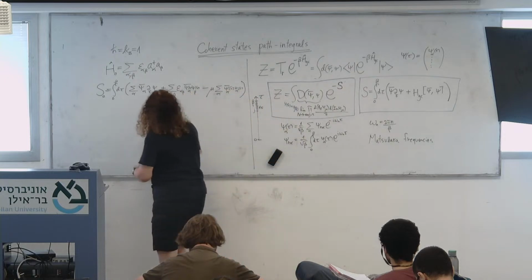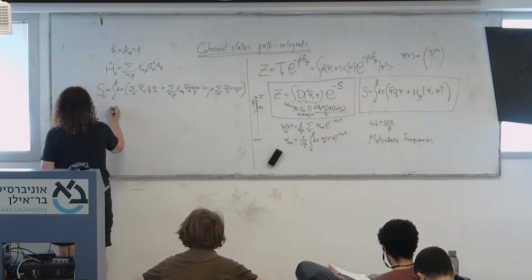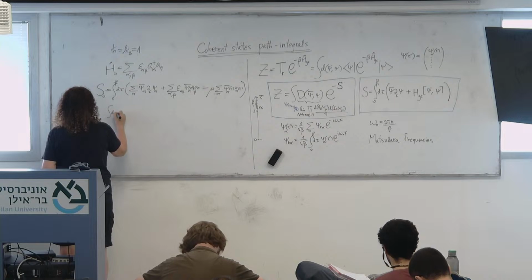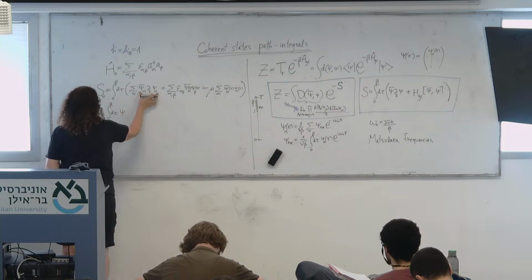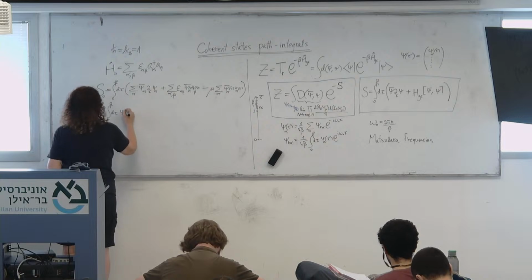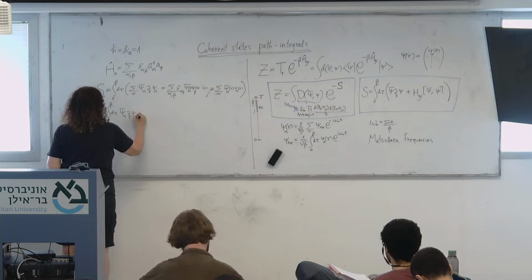Let's look just at this term. I have an integral d tau from 0 to beta of, taking just one term in the sum, psi alpha bar d tau psi alpha.